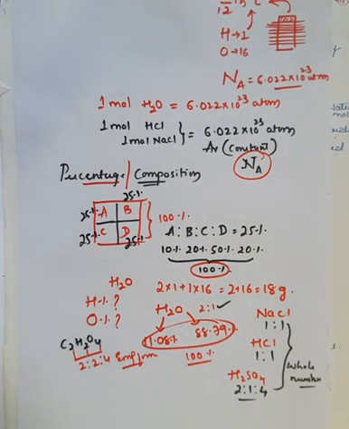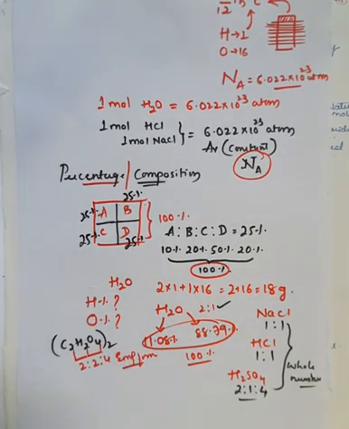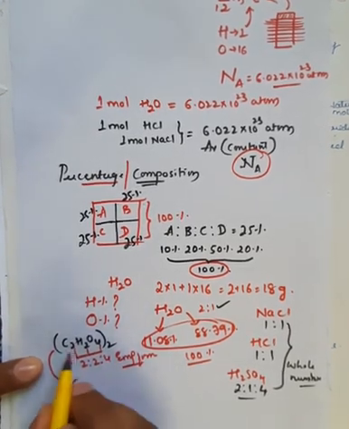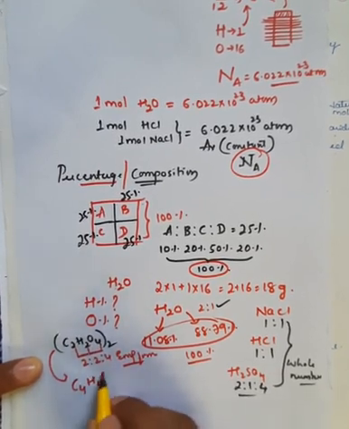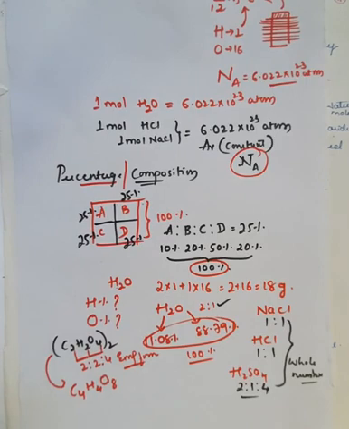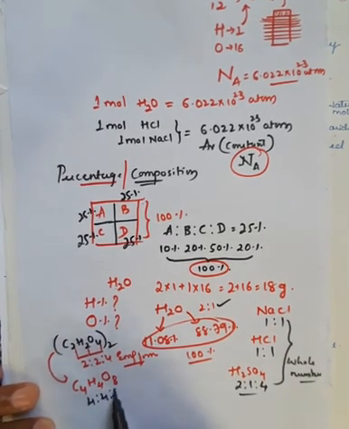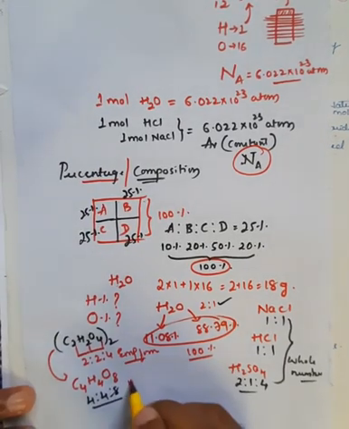Molecular formula means if I multiply this overall compound by 2, then what happens? C2 into 2 will be C4, H2 into 2 will be H4, and O4 into 2 will be O8, which means the ratio changes. It will be in the ratio of 4:4:8, and this is generally called a molecular formula, right?